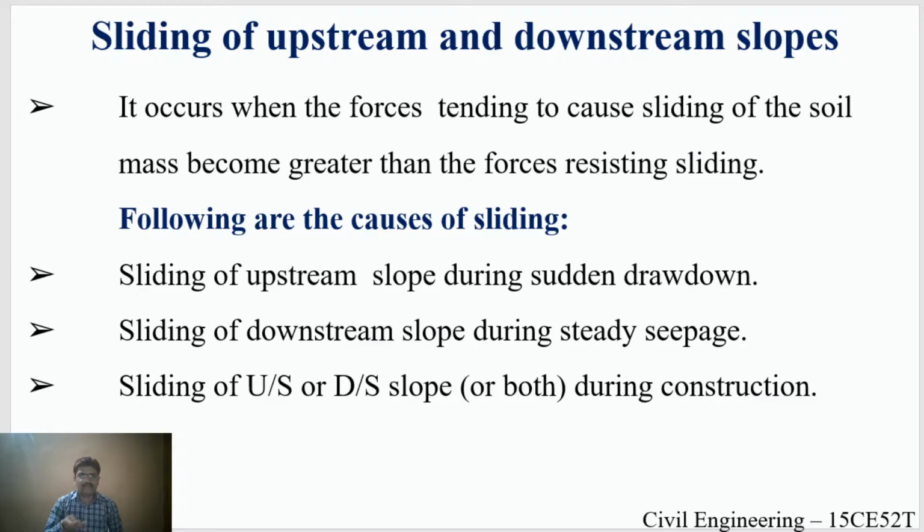Those are given below. First one is sliding of upstream slope due to sudden drawdown. Sliding of downstream slope during steady seepage of the water in the downstream side. Sliding of upstream or downstream slope or both during construction.